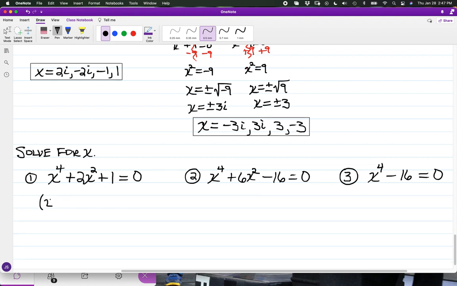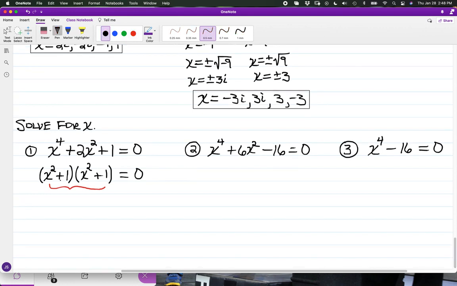For x to the fourth plus 2x squared plus 1 is equal to 0, this will be a case of a squared trinomial, where this would factor out to x squared plus 1 times itself is equal to 0. So x squared plus 1 is going to repeat. That means whatever we have for x will come exclusively from setting equal to 0 the expression x squared plus 1.